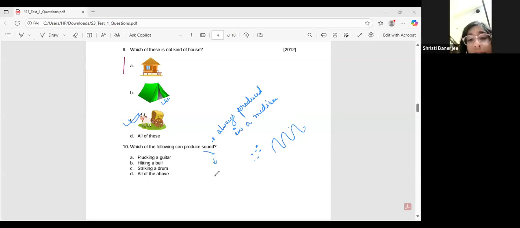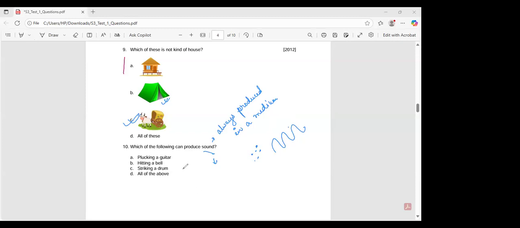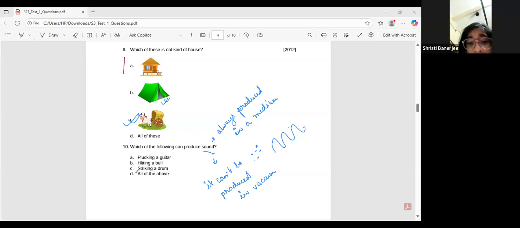And one more characteristic: sound cannot move or be produced in vacuum. Is that clear?